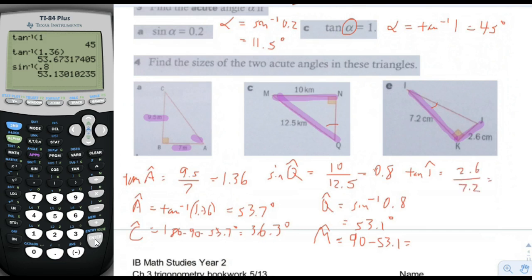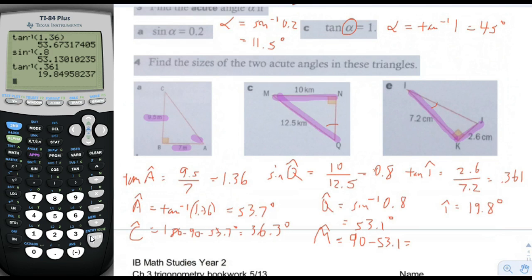Okay? 2.6 divided by 7.2 on the offline calculator gives us 0.361. Okay, now we're going to take the inverse tangent of both sides. The left side becomes angle I, and the right side becomes, let's see, what is the inverse tangent of 0.361? And we get 19.8 degrees.